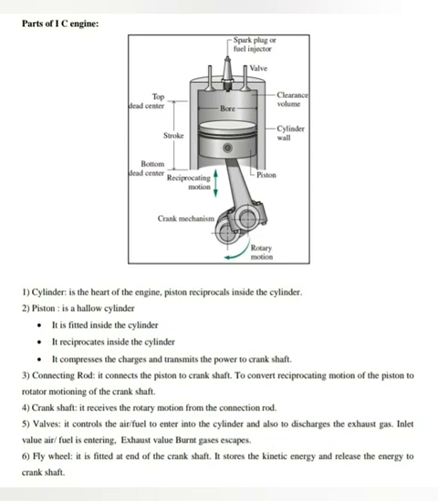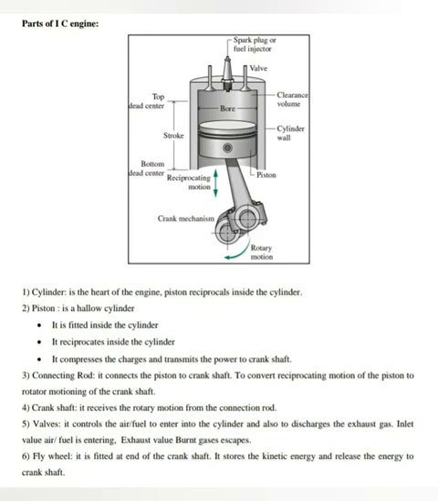The compression rings, at least two rings, press hard against the cylinder walls, maintaining a tight seal between the piston and the cylinder. This is required to prevent the high pressure gases from escaping into the crankcase.